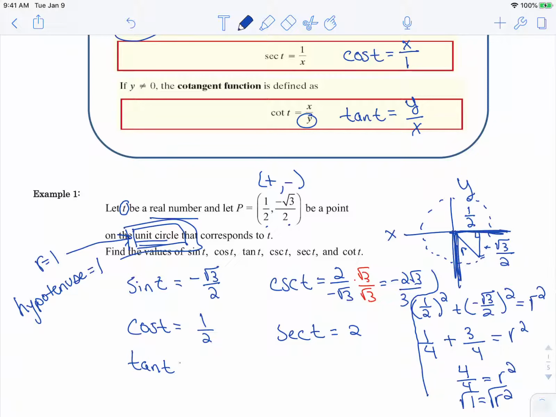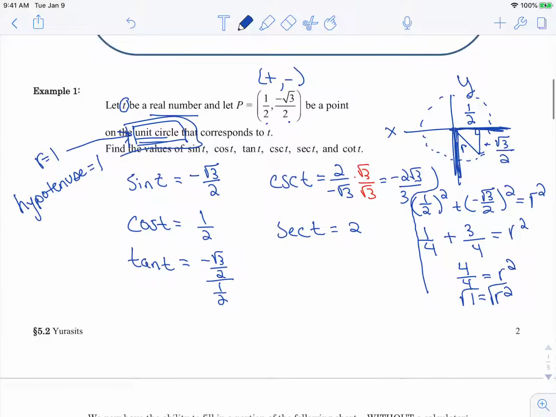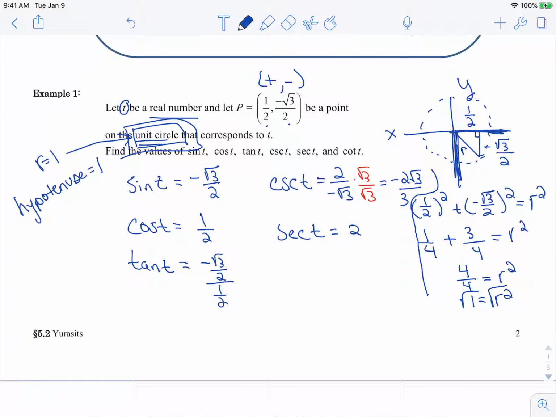Tangent of t, we discussed, is going to be y over x. But we can't leave it like that. It's too messy. Remember back in the day with fractions that you multiply by the reciprocal when you're dividing. And so your 2's reduce out, and we end up getting negative root 3.